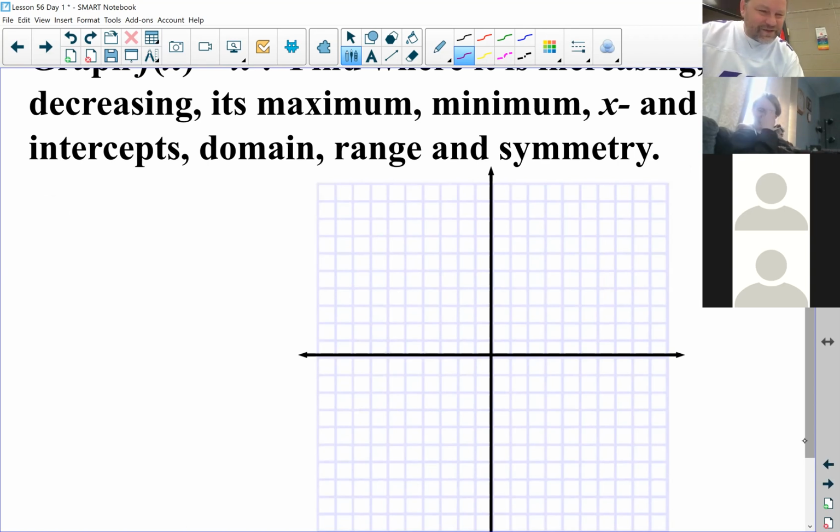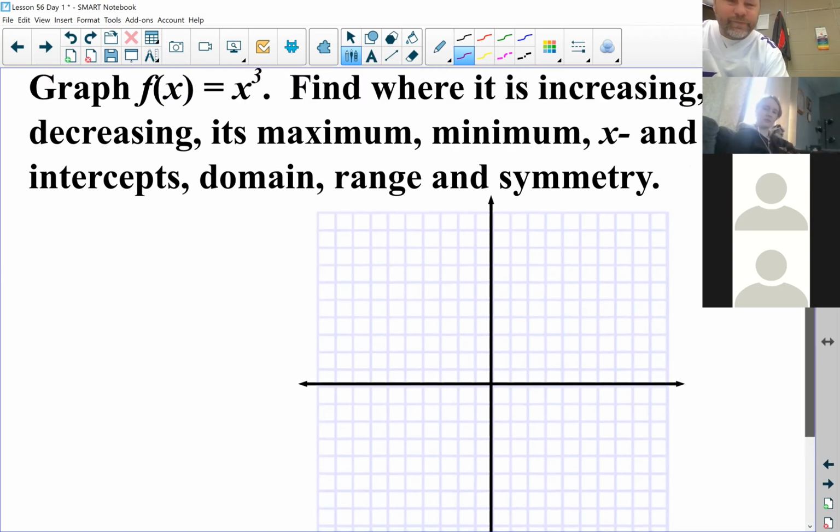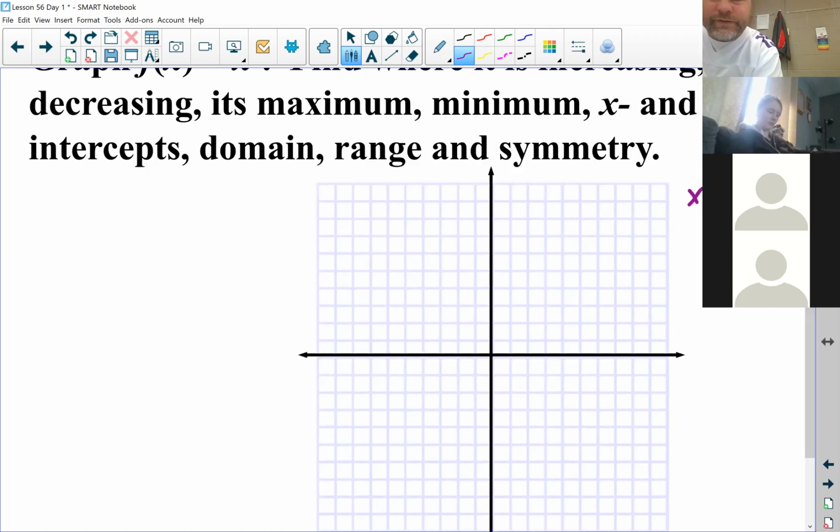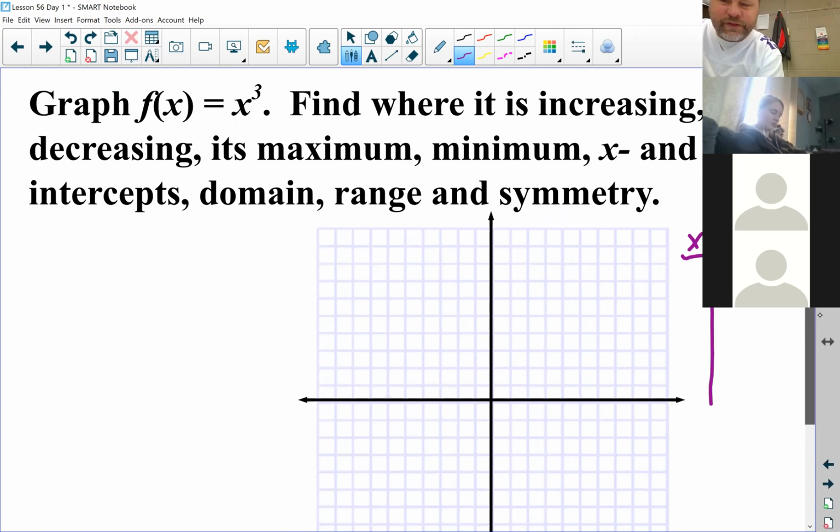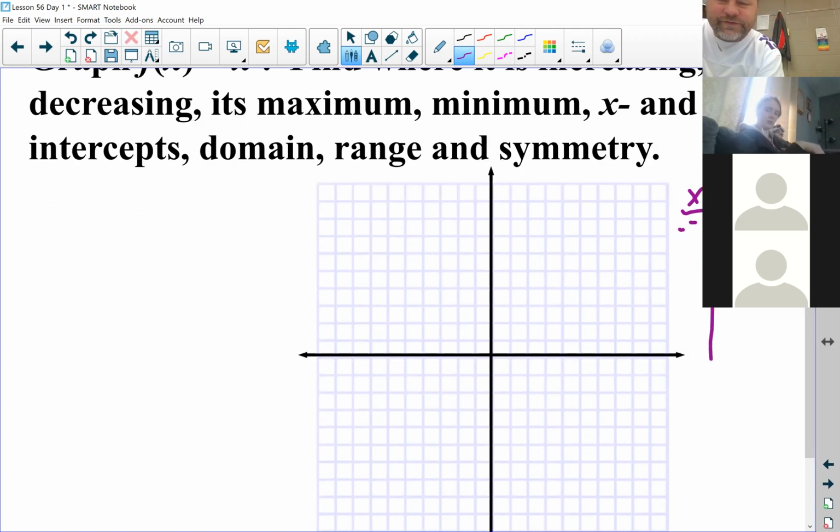Okay. So for x cubed, there's no denominator, so we don't have to worry about asymptotes. So I would just pick some values, like maybe -2, -1, 0, 1, 2.